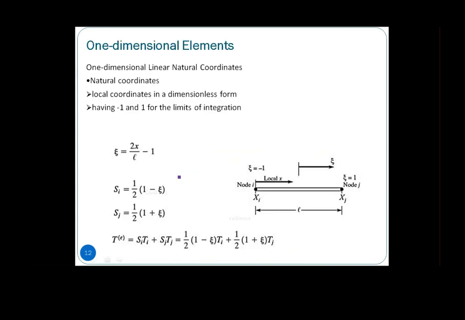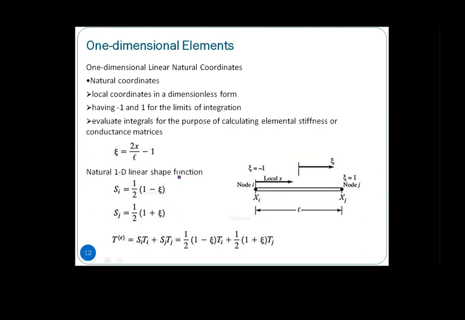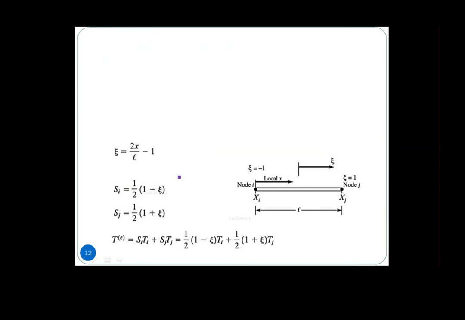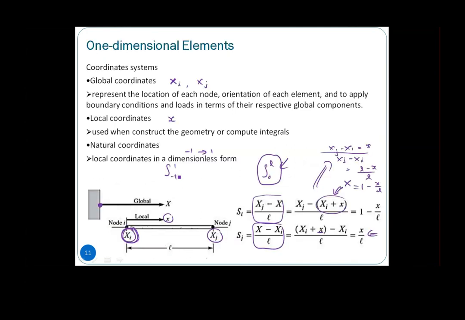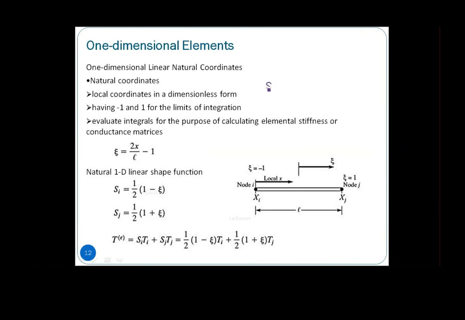So natural coordinates are local coordinates in dimensionless form, having -1 to 1 as the limits of integration. What we have just now is Si equals 1 minus x over L, Sj equals x over L, in local coordinates. This is represented with the symbol xi, which is equivalent to 2x over L minus 1.